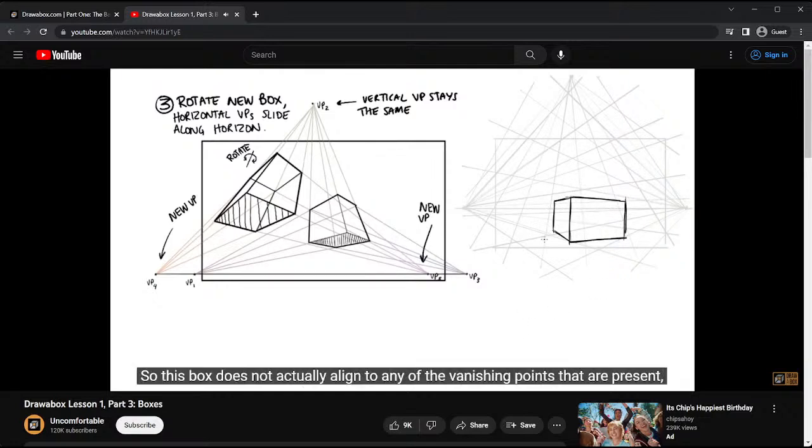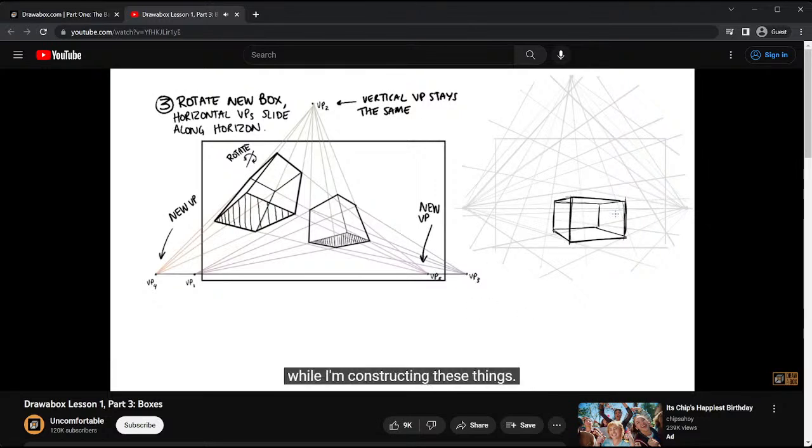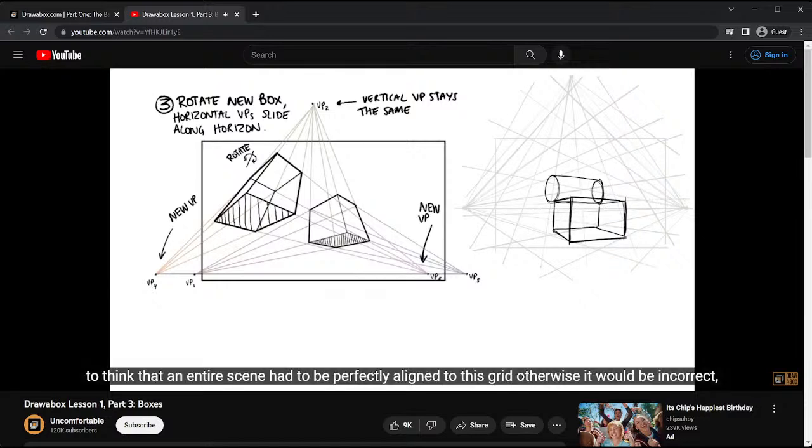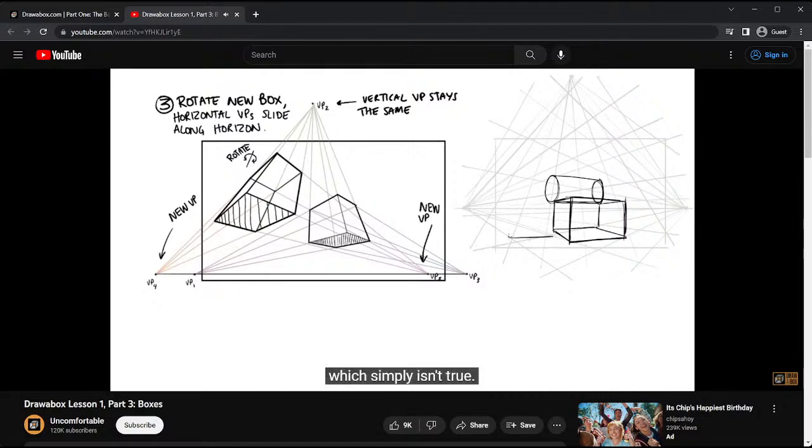So this box does not actually align to any of the vanishing points that are present, but having those lines in that grid there, as long as I'm not feeling any pressure to adhere so closely to it, I can still use it as a sort of reference point while I'm constructing these things. So it is valuable in that sense. I just don't want you to make the mistake that I did when I was learning, to think that an entire scene had to be perfectly aligned to this grid, otherwise it would be incorrect, which simply isn't true.